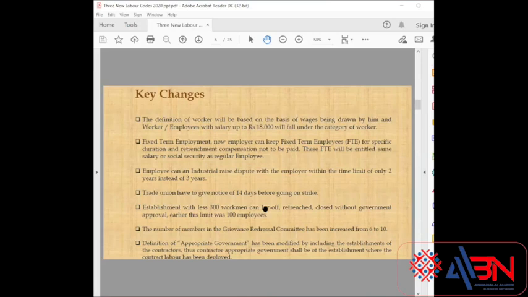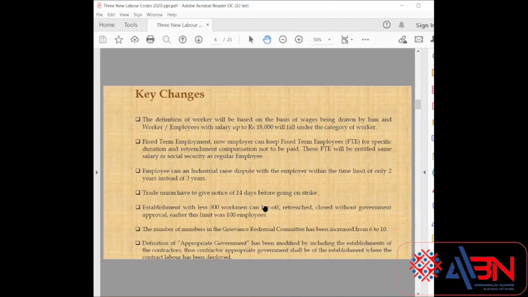Earlier it was only regular employees who were with you for 5 years who were entitled to gratuity, but now fixed term employees, somebody who is with you for a year, will also have the benefit of gratuity. Gratuity is calculated based on 15 days salary per year. So that's a social security measure.